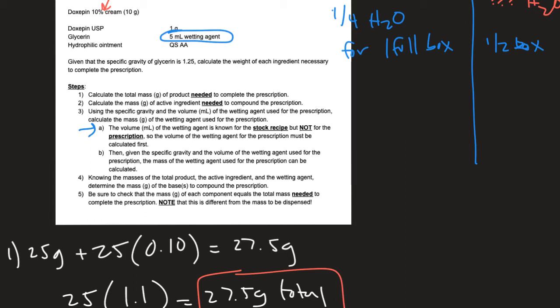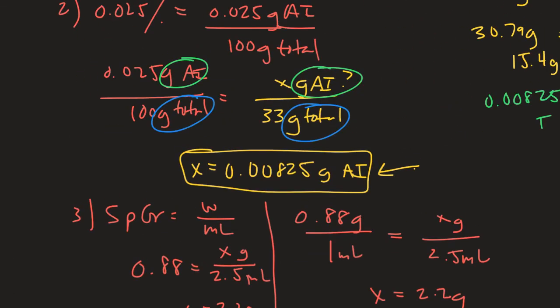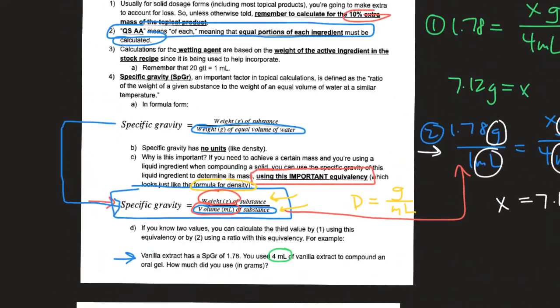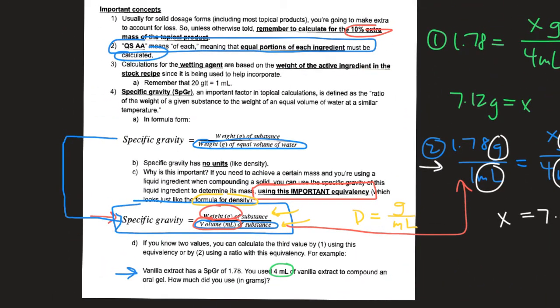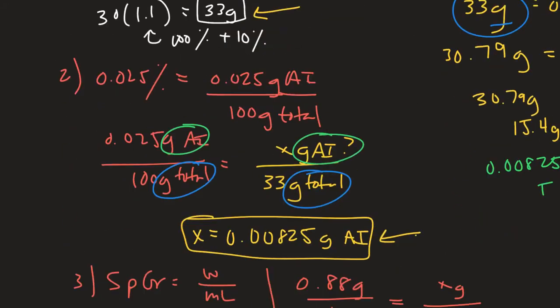So the volume of the wetting agent for the prescription must be calculated first. As I said in the important concept, sorry for the scrolling, calculations for the wetting agent must be based on the weight of the active ingredient in the stock recipe, since this is being used to help incorporate. Remember that 20 drops is 1 milliliter for future reference.